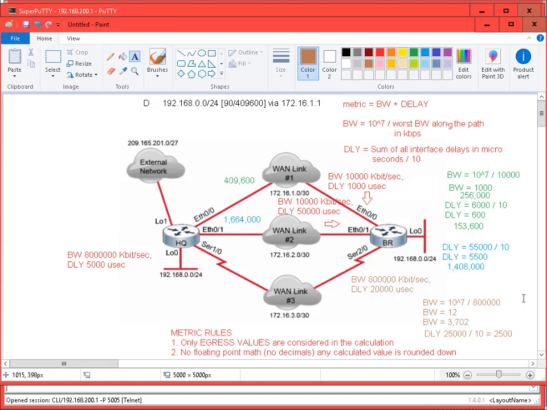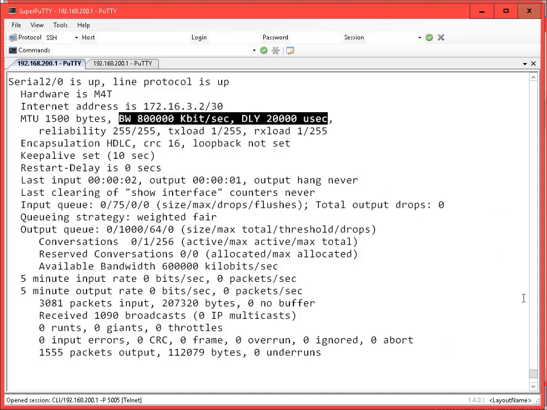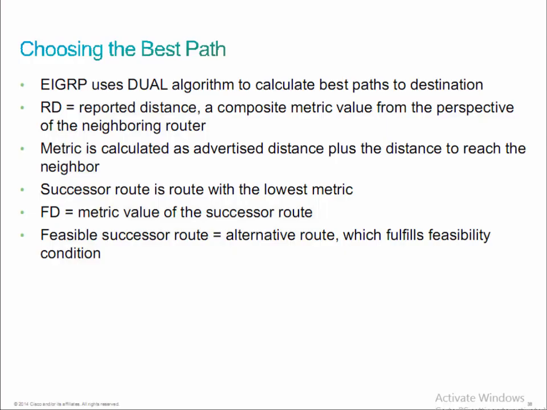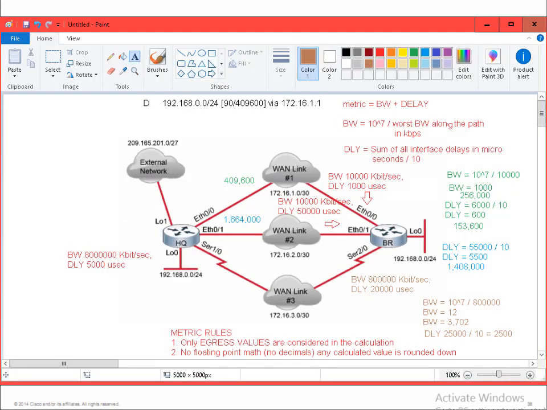All right, so we take our 2,500 times 256, which gives 1,048,576. Now, if I add those two numbers together, that would be my metric.